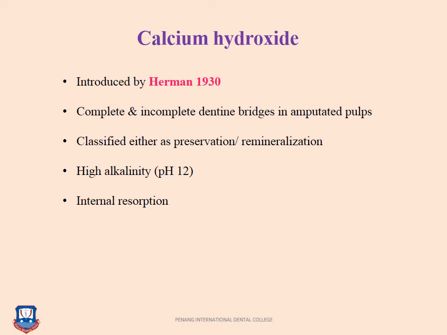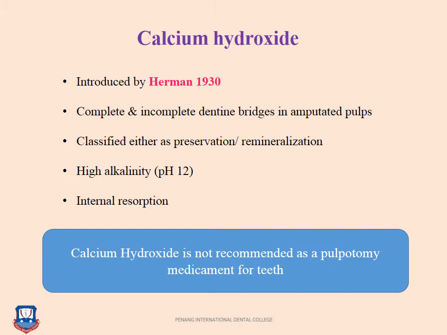It has high alkalinity, a pH of 12, and internal resorption is seen because of the high pH. So calcium hydroxide is not recommended as a pulpotomy medicament for the primary tooth because it causes internal resorption.